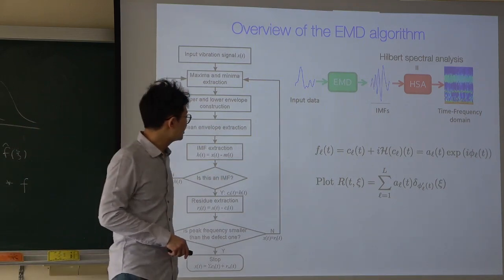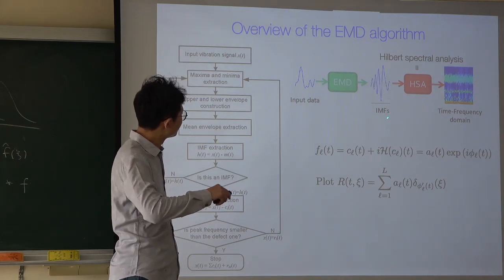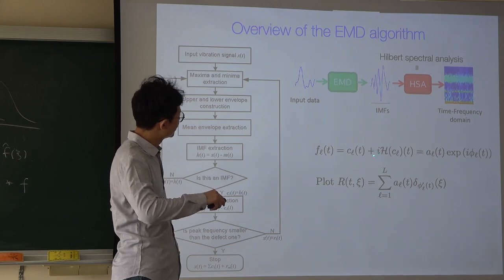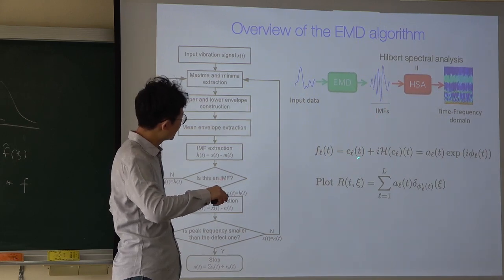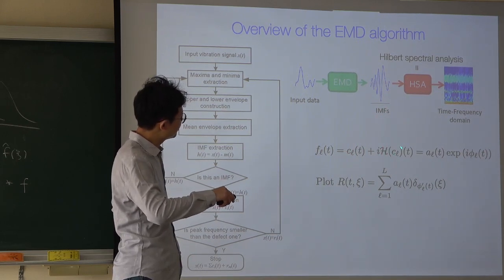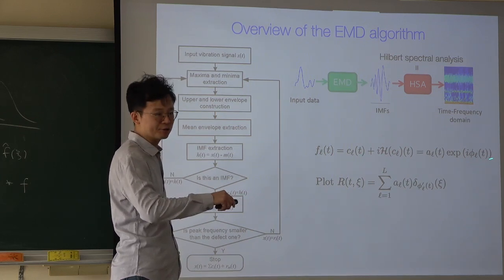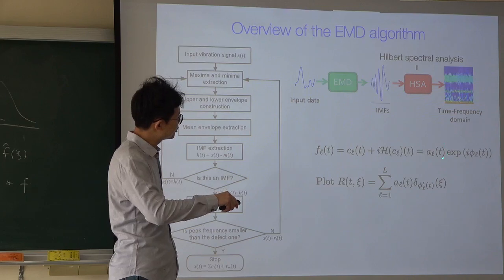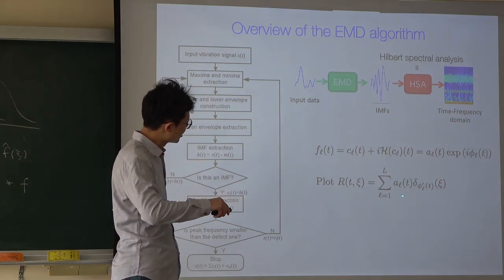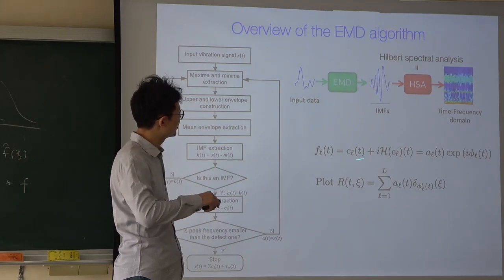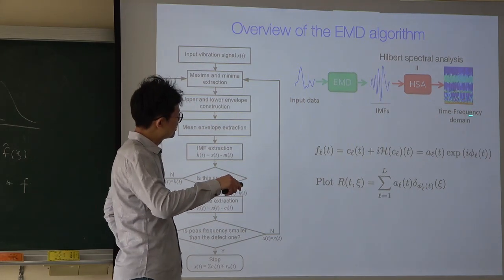The basic idea is, once you get the intrinsic mode functions, IMFs, you run the Hilbert transform, and you get the analytic form of the IMF. Then you take the amplitude modulation function and the phase, and you generate the time frequency representation in this way. This is what you get.